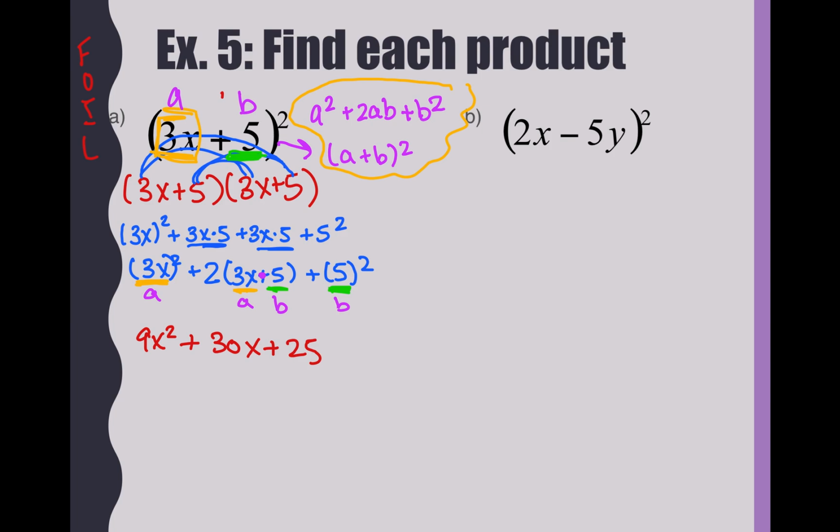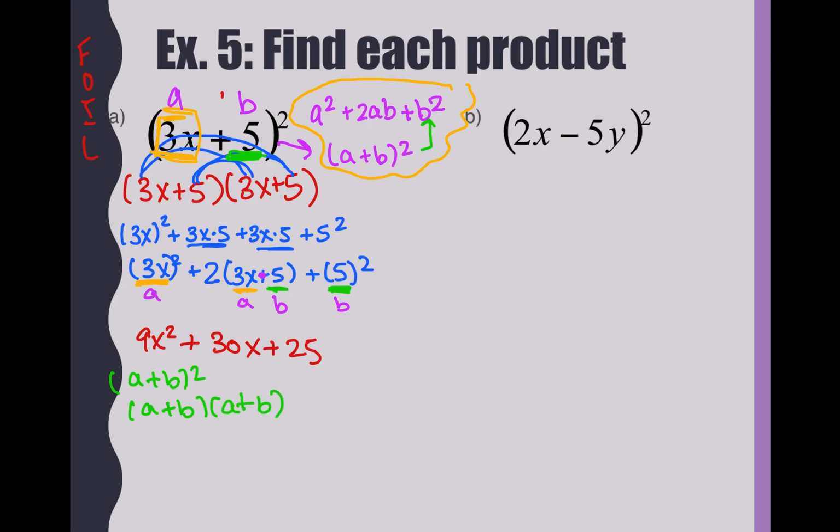And if you want to know exactly how we go from a plus b squared to a squared plus 2ab plus b squared, well, that's just the same if I go down here, a plus b squared. If I just do FOIL, that's a plus b times a plus b.